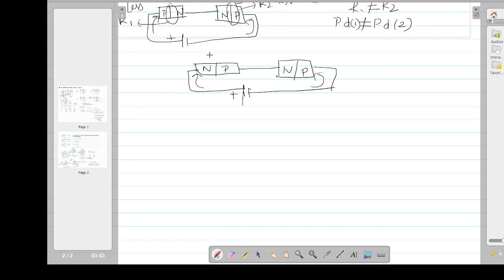So this represents a reverse bias, and this is also a reverse bias.